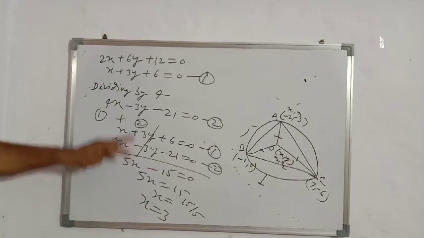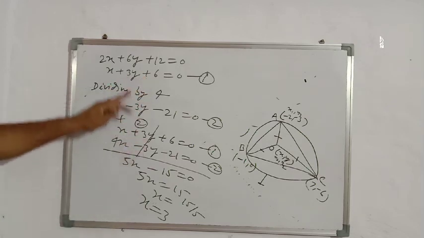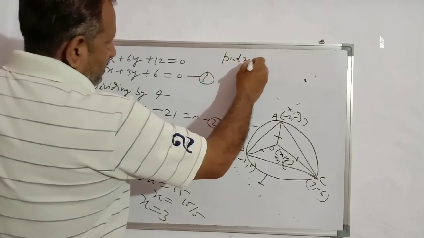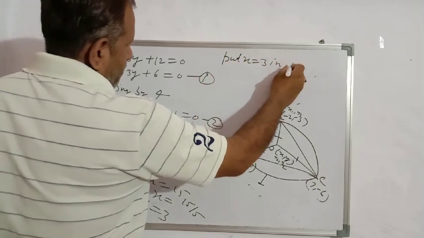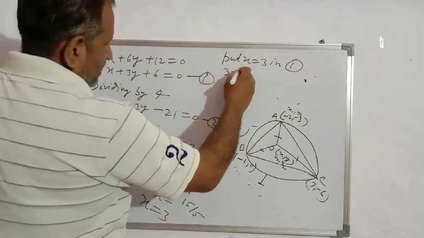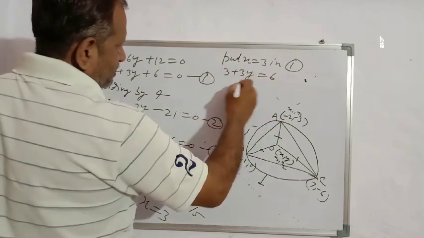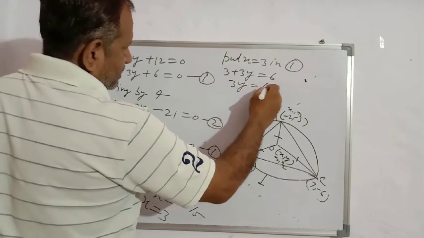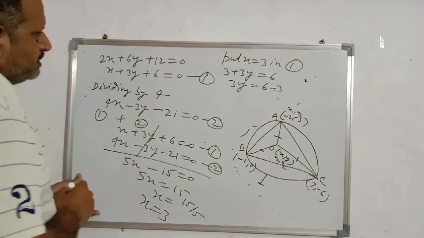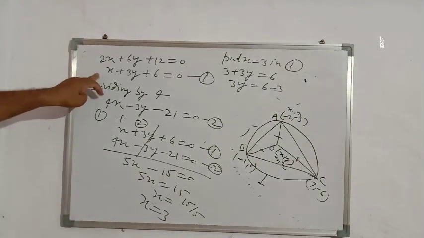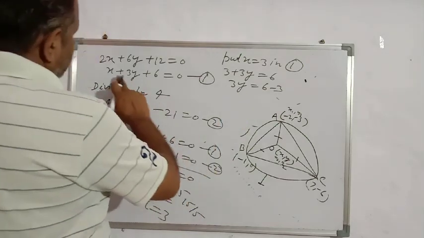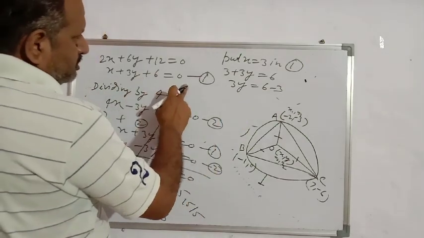Now we will put x is equal to 3 in the first equation to find y. So x plus 3y plus 6 is equal to 0.